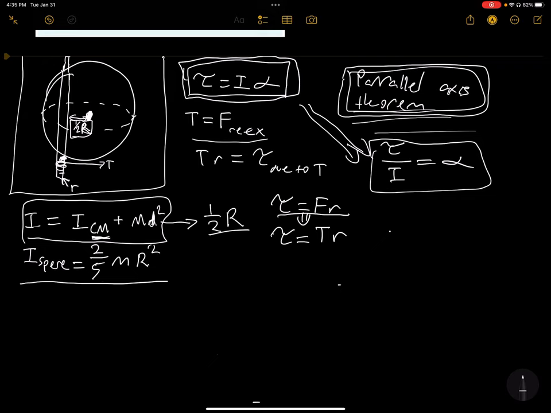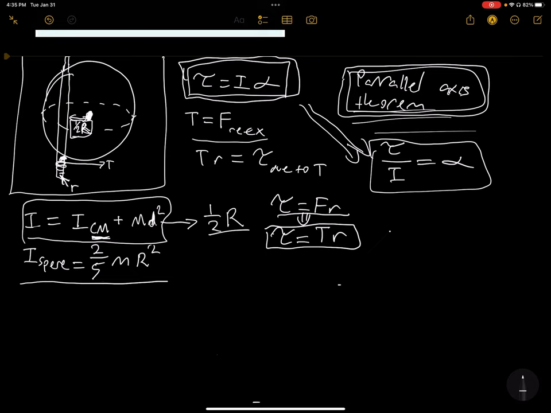And because the tension is wrapped around that string, it's applying it at the radius of the rod, which is a little confusing to say, but makes sense when you look at the expression where this has r, and this is the tension. It's wrapped around that. It's pulling at a distance r from the center of the rod. So torque in this case is just equal to tension times r.